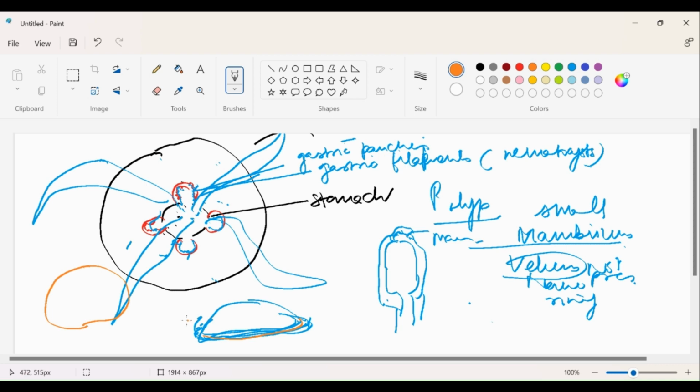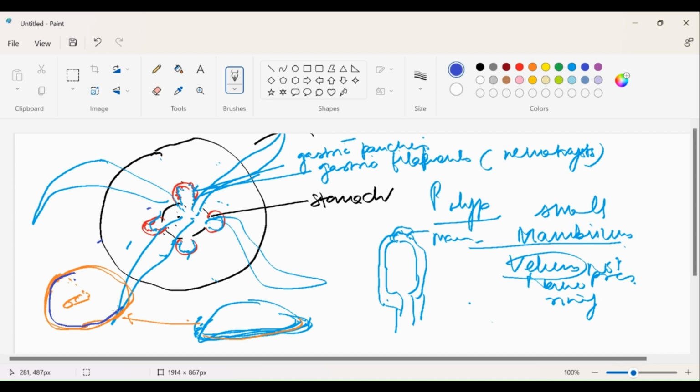I'll show you. This is the oral end. There's a manubrium. Manubrium is a kind of handle which was present in hydrozoans, and this was the velum which was muscular, that outline, and within it runs the nerve ring.